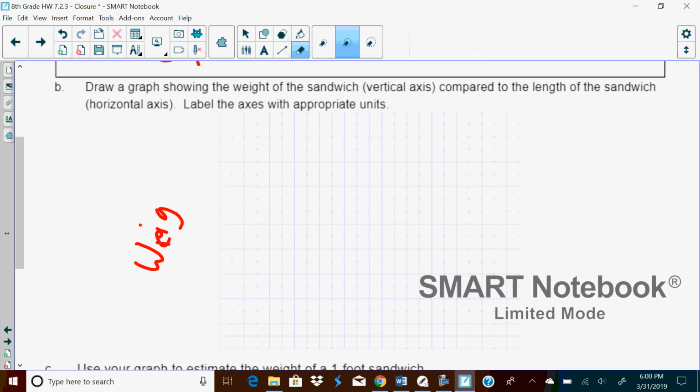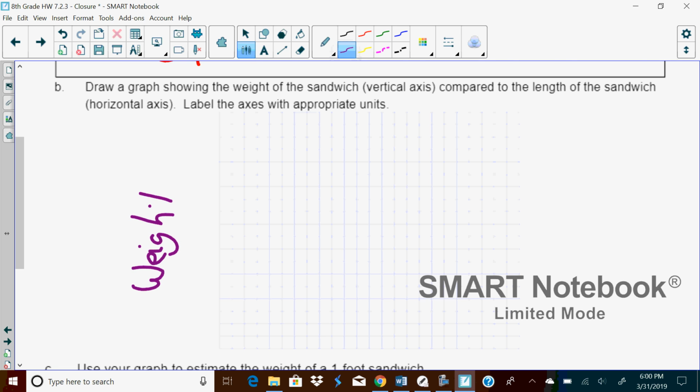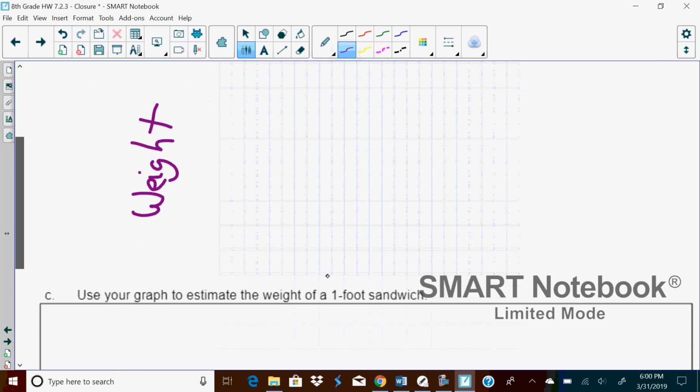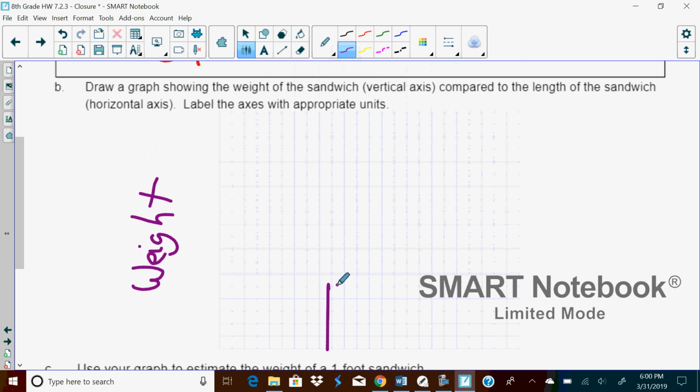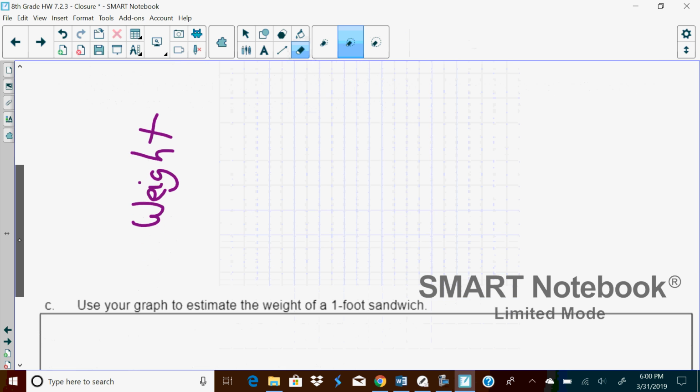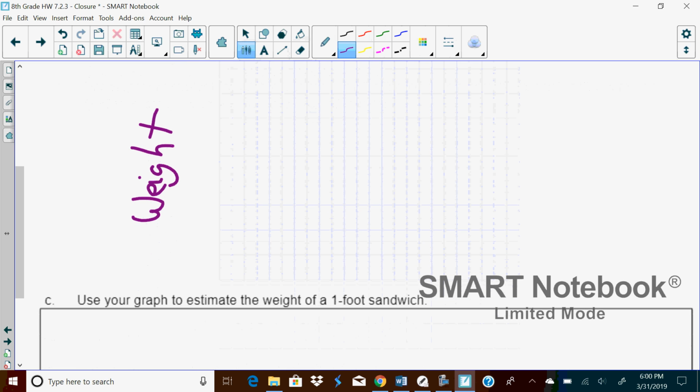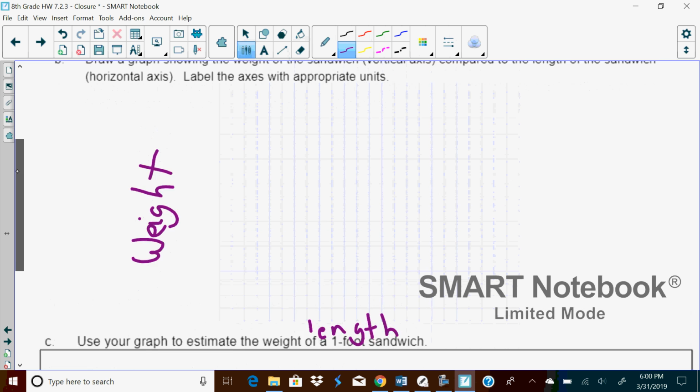Let's draw that a little better. So I'm comparing the weight and the length. And I'm just going to count by ones.